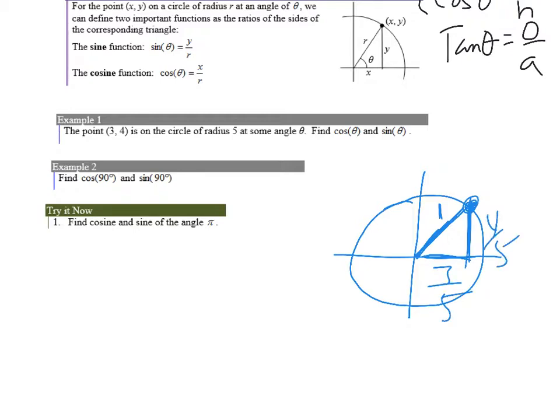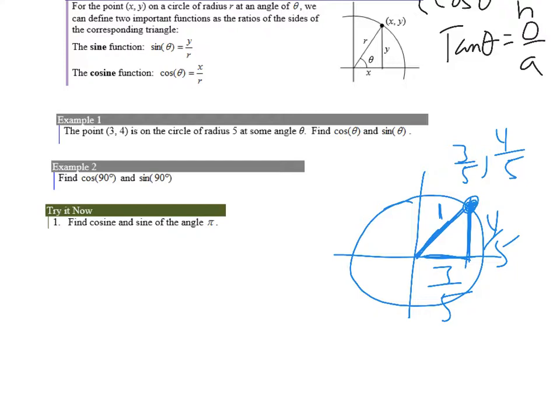That makes the coordinates of that point 3/5, because that's the x-coordinate, 4/5 is the y-coordinate. And then if I want to talk about the sine of that angle, isn't that just going to be 4 over 5 divided by 1, which is just 4 over 5. And the cosine of that angle will be 3 over 5 divided by 1, which is just 3 over 5.